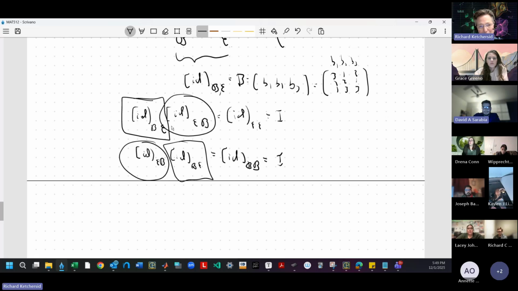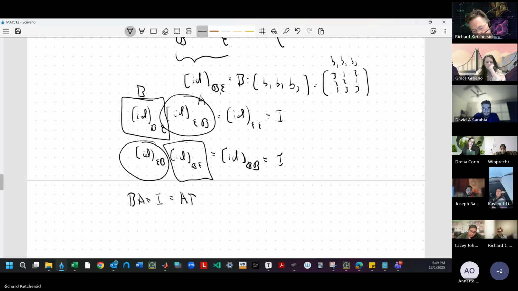It's the inverse. If I call this matrix A and this matrix B, what I have here is BA equals I equals AB. So B I know, A I don't know, and A is B inverse.